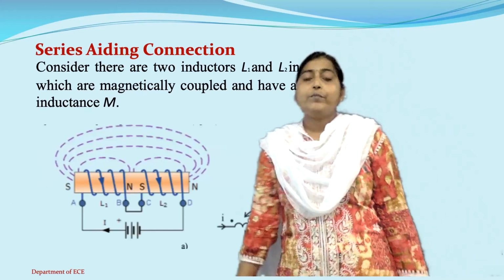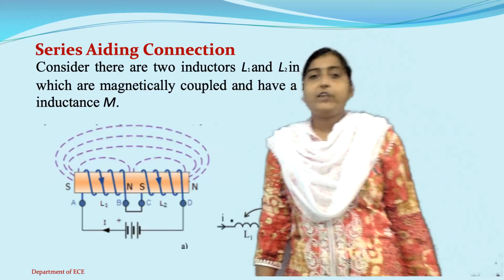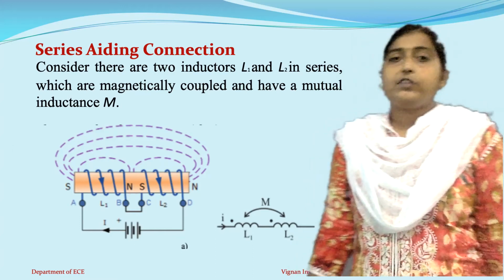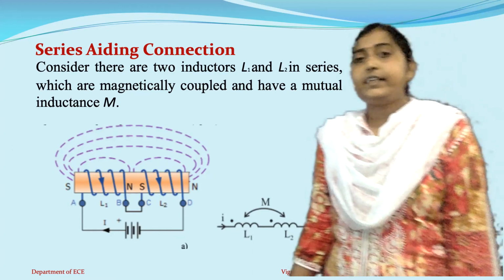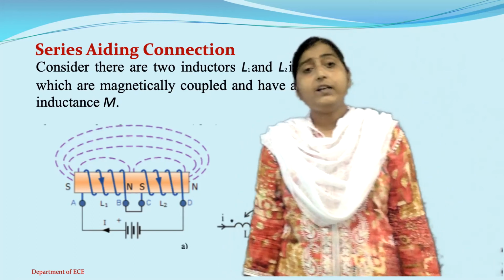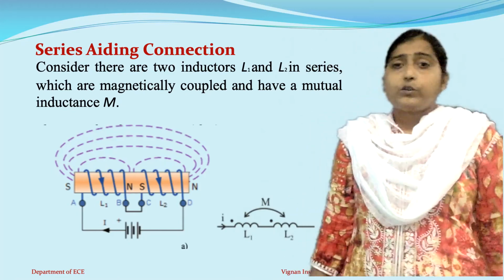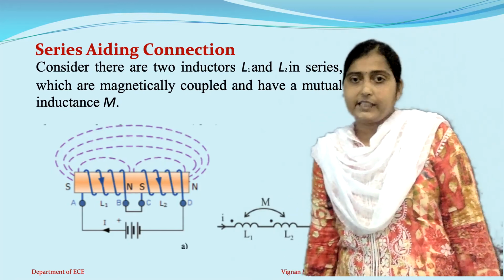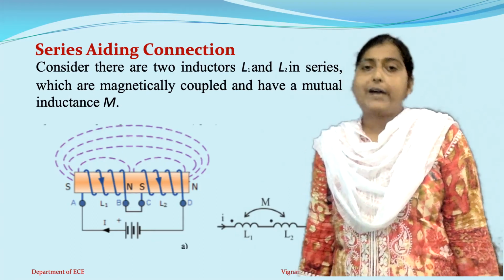Now, coming to the next topic with respect to magnetically coupled circuits. We have seen in network topology and basic concepts that circuit elements can be connected in two combinations, either a series connection or a parallel connection.